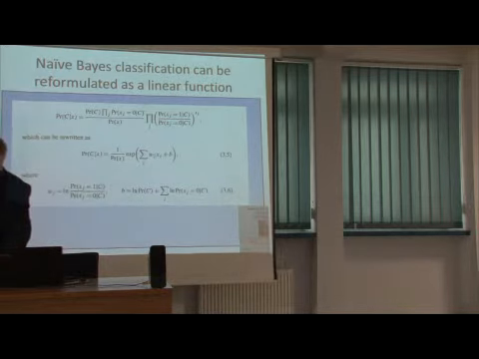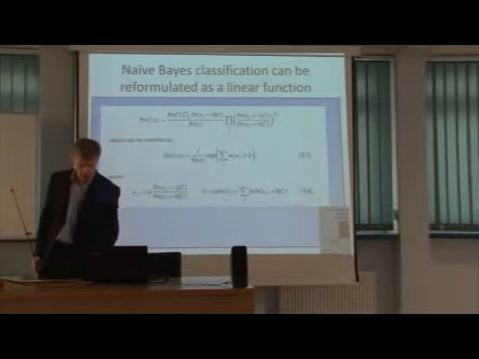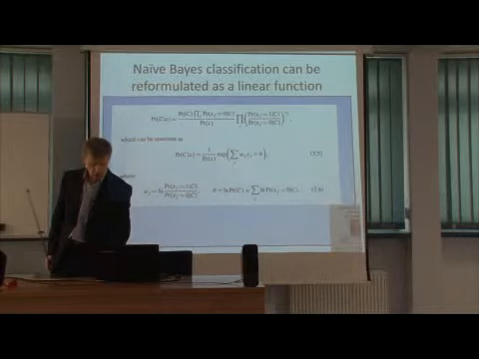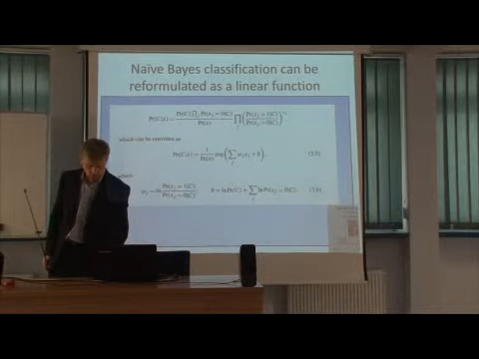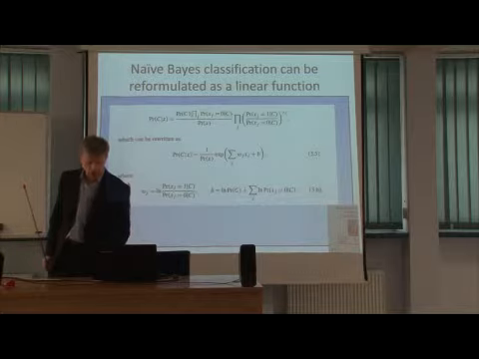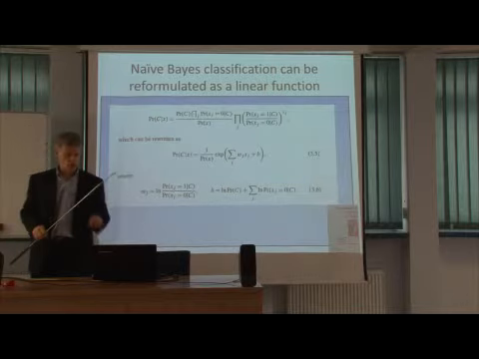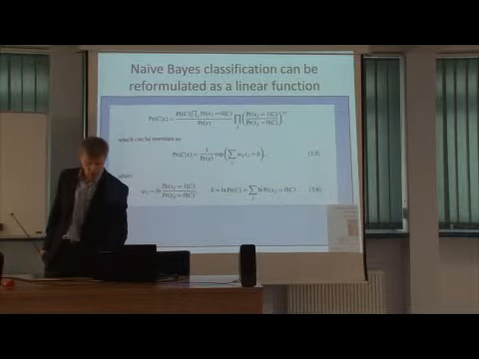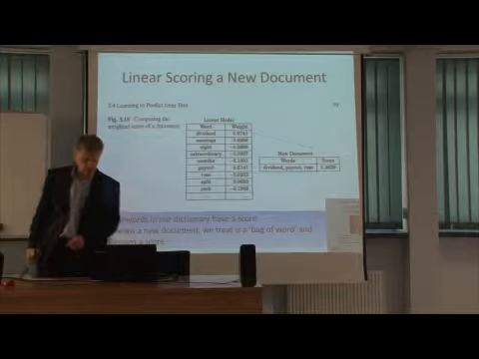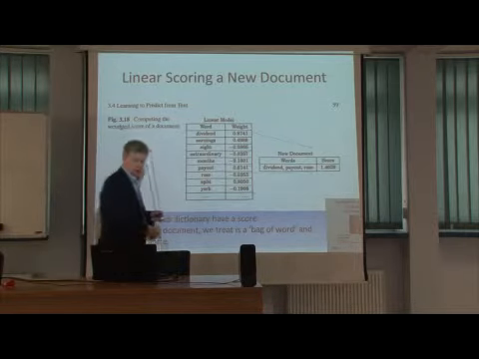So we have the connection between naive Bayes and adding, and where we would like to go now is to go back from adding of numbers to assignment of probabilities. Let's look first at scoring.